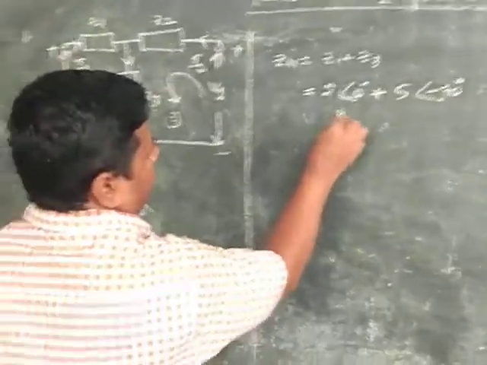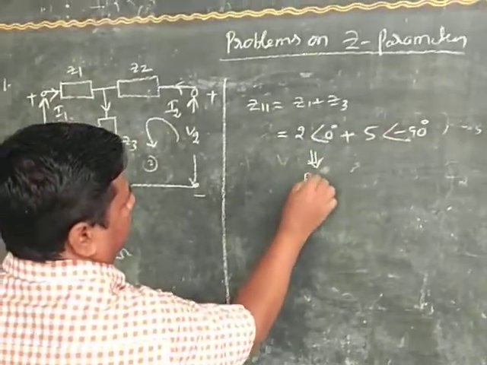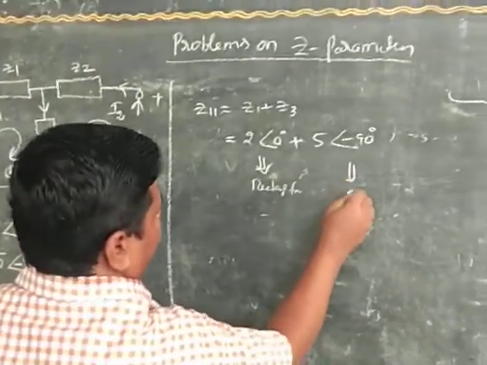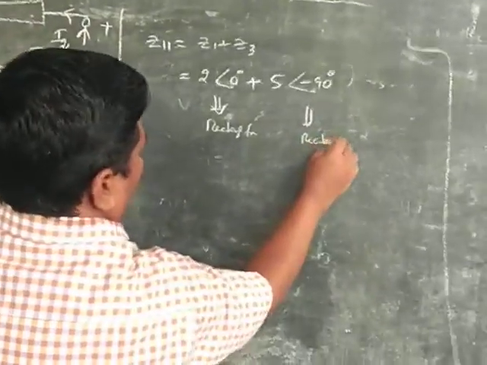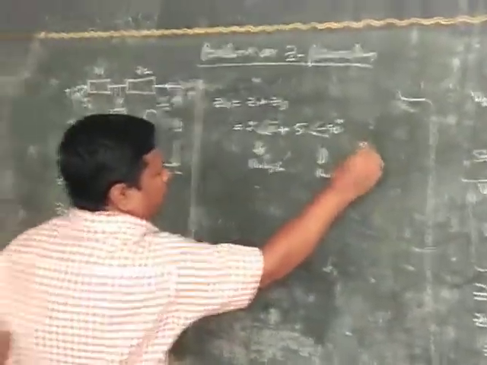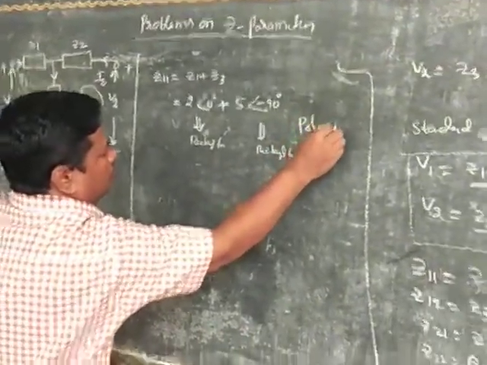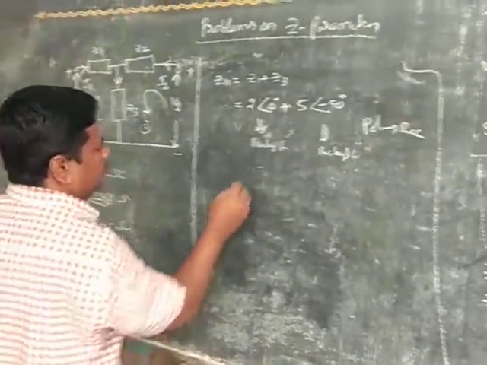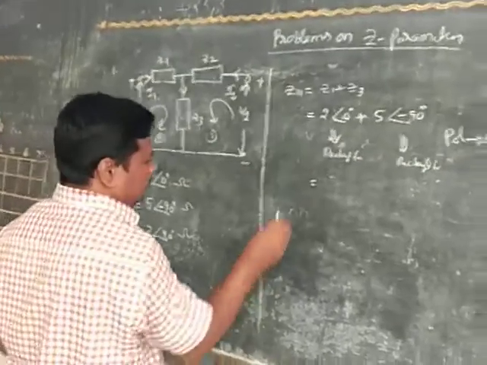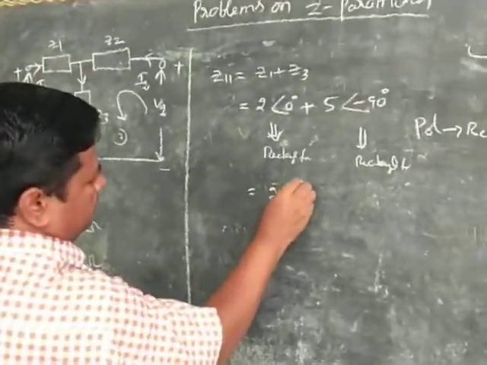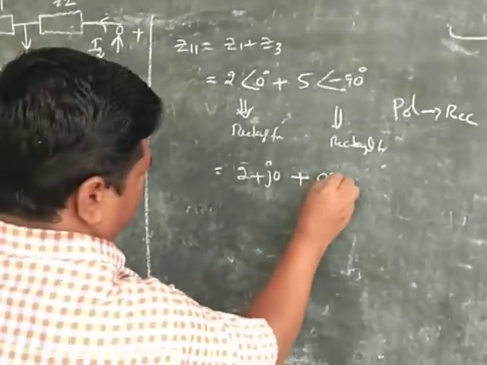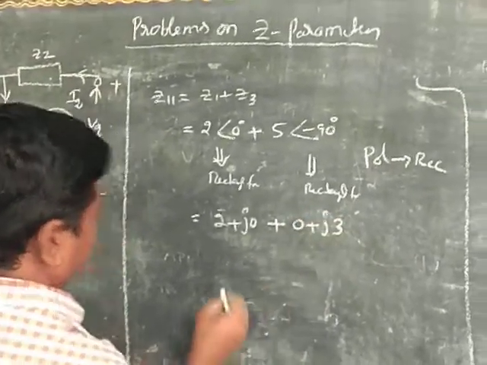First of all, convert into rectangular form. This is the polar form. Convert polar to rectangular. So the value is 2 plus J0 plus 0 plus J3.